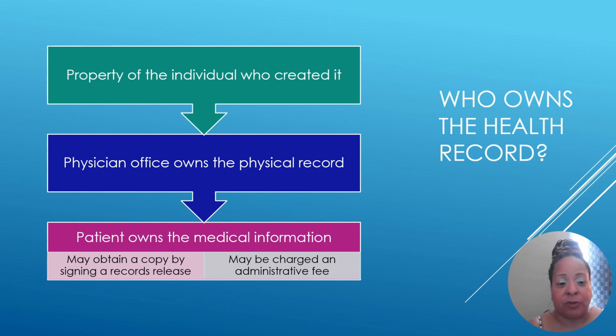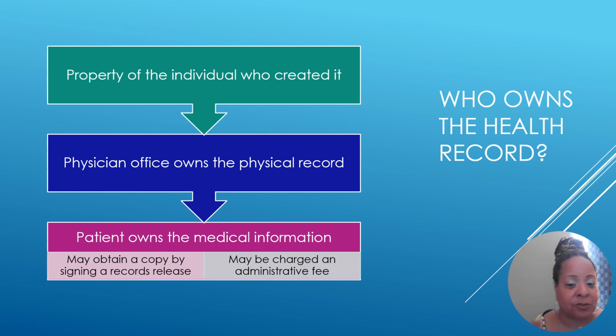They owned the physical record, but the information that was put in there is what the patient owns. So if I, as a medical assistant, document Jane Doe came in not feeling well, right arm was swollen, looked like it could have been a sprain, that's what Jane Doe owns, but the doctor owns the actual physical record.